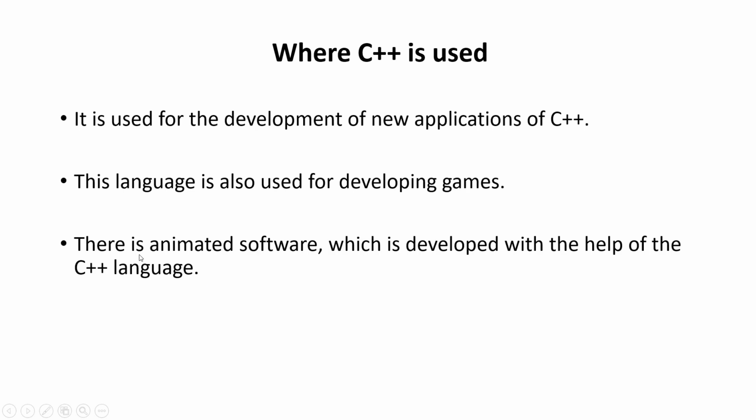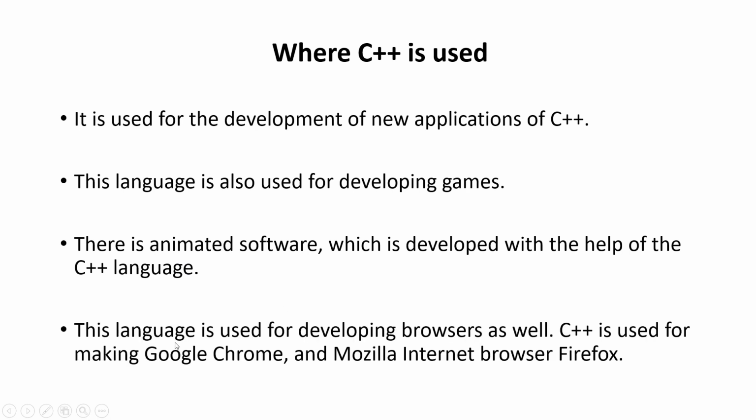There is animated software which is developed with the help of C++ language. This language is used for developing browsers as well. C++ is used for making Google Chrome and Mozilla's Internet browser Firefox, which means it is very important to learn C++.